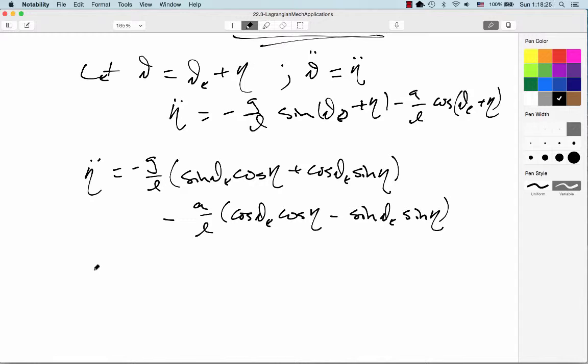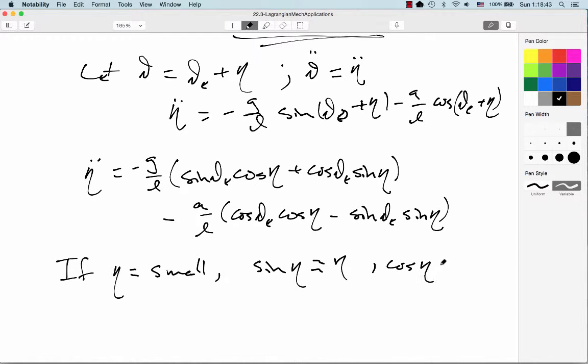All right, so following the usual prescription, we'll look at the case where eta is small. Then the sine of eta is approximately eta, and the cosine of eta is approximately 1.